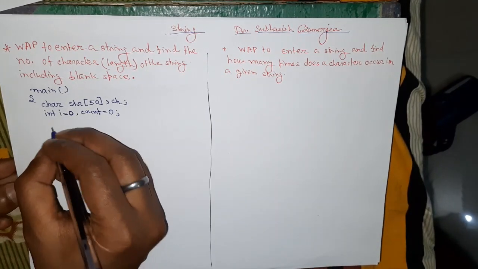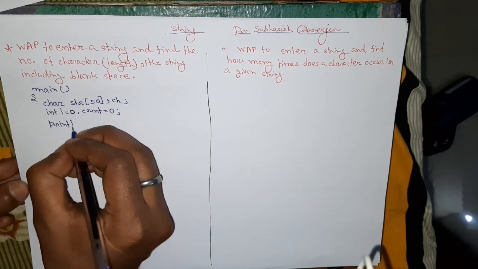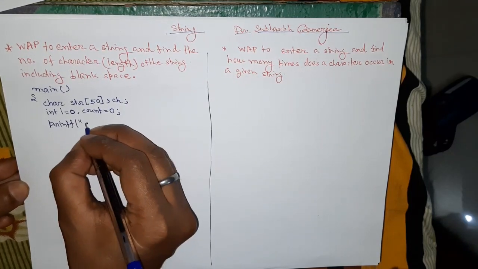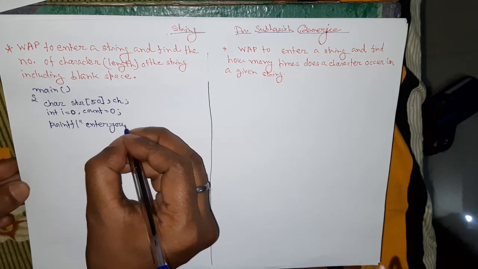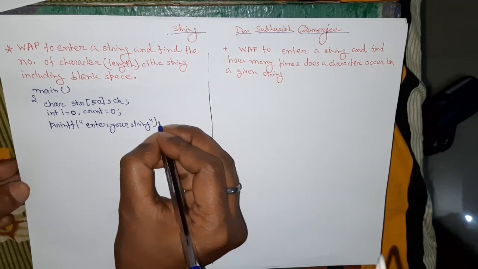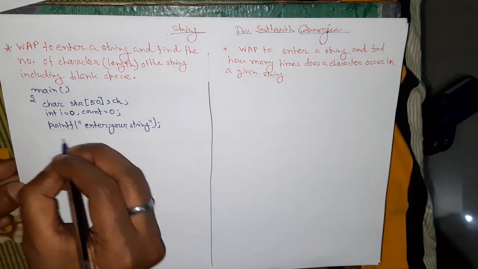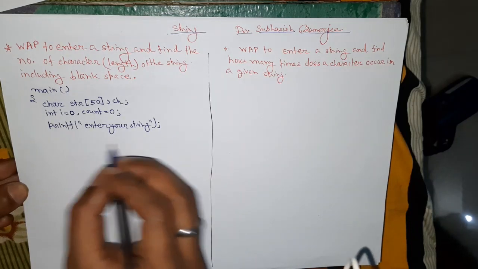So here you may display the message with printf, asking the user to enter your string. At the time of reading the string, as we know, we can use getchar instead of scanf.